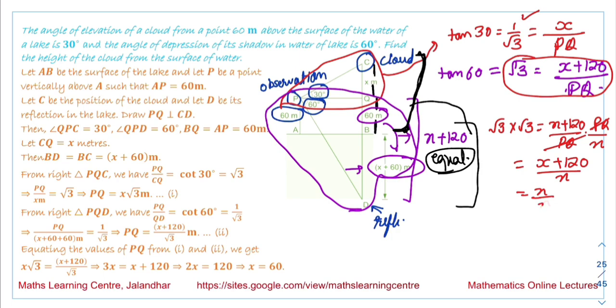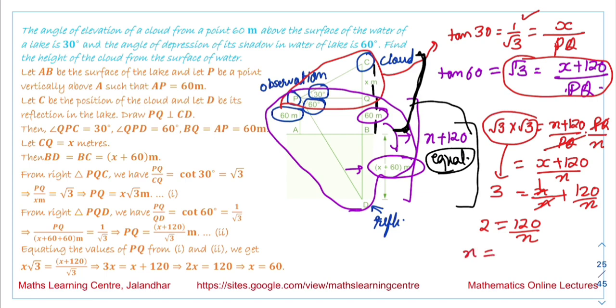This is equal to x over x plus 120 over x. These two get cancelled, we are left with 1, and root 3 into root 3 is 3. So we get 2 is equal to 120 over x. So the value of x that we get is equal to 60.